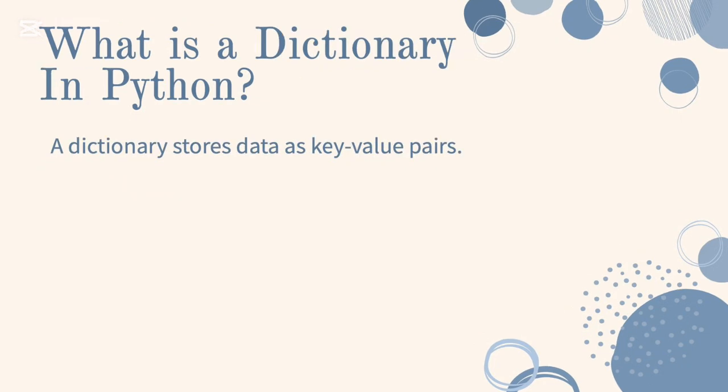The last question we would like to answer is, what is a dictionary in Python? A dictionary stores data as key value pairs. When I say key value, I mean it's like a ratio. It has A to B, B to C. You understand? Think of it like a real dictionary. You have a word and it has a meaning, right?